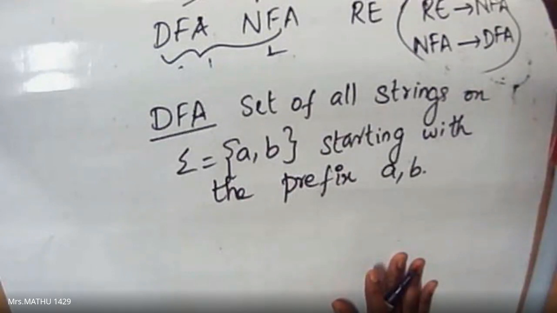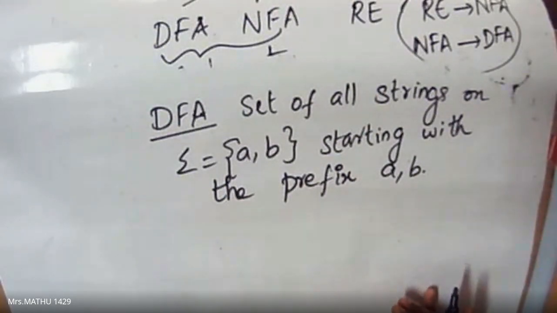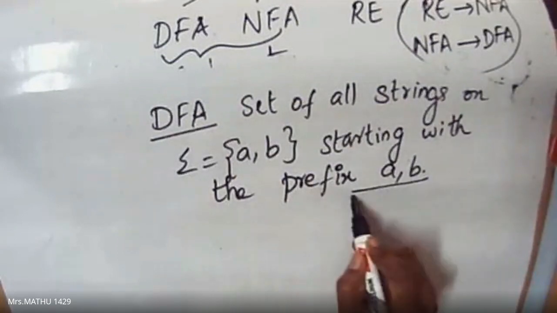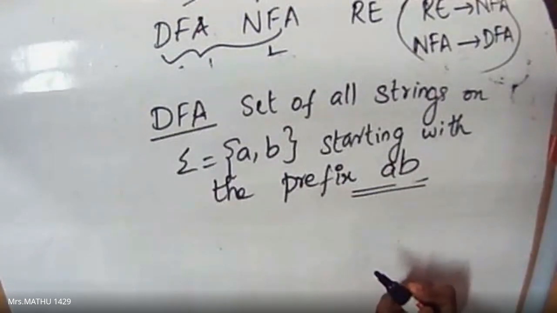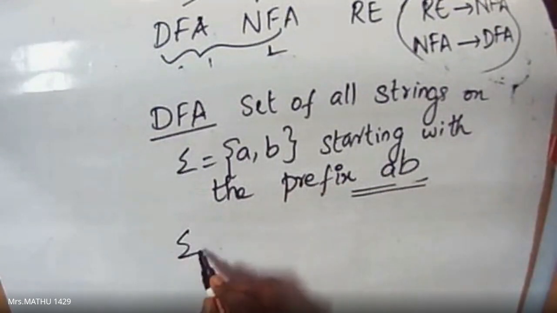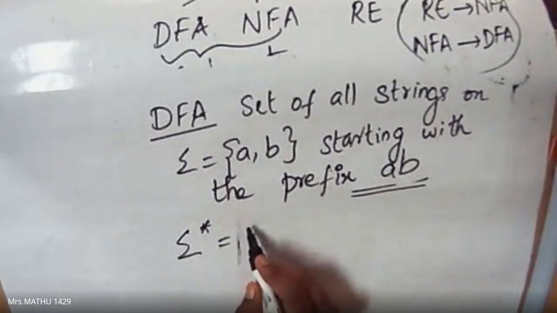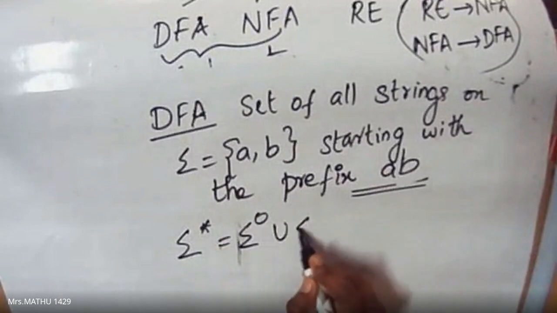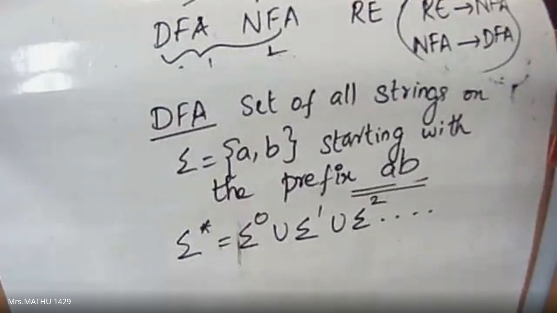What is asked is, you have to find a DFA that accepts all the strings starting with the prefix AB. Sorry, not A comma B, it is AB. When sigma is given as A comma B, what is sigma star actually? Sigma power 0 union sigma power 1 union sigma power 2 and so on.